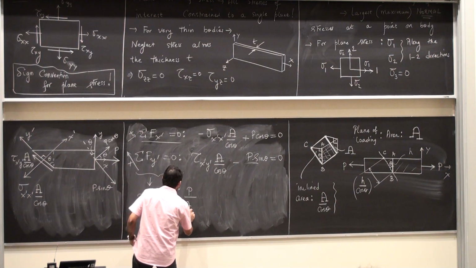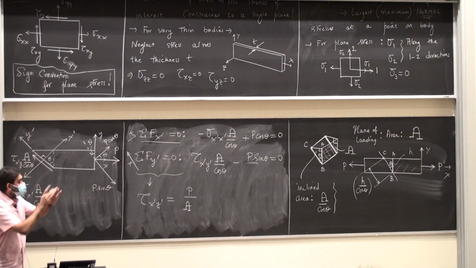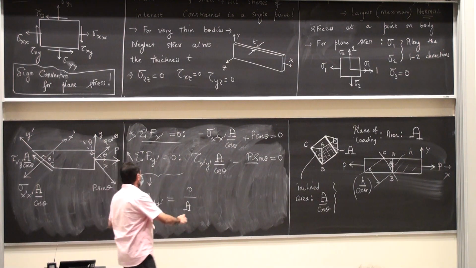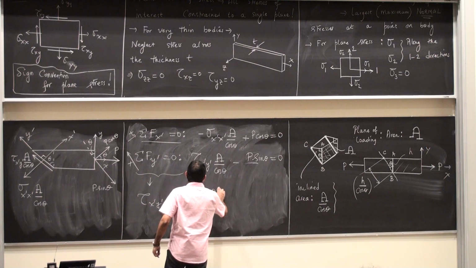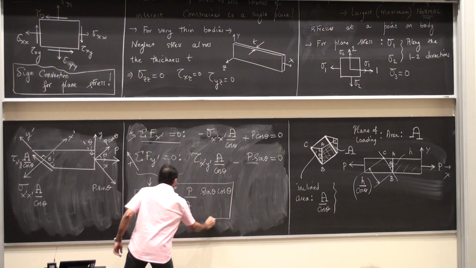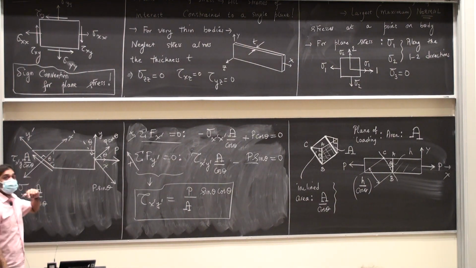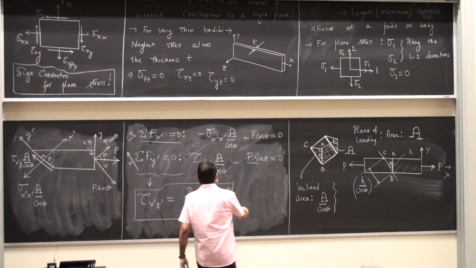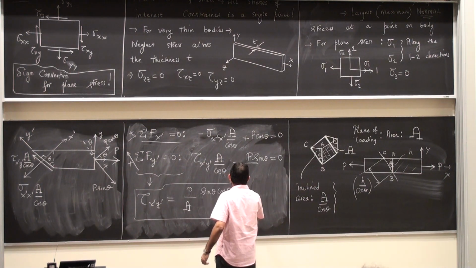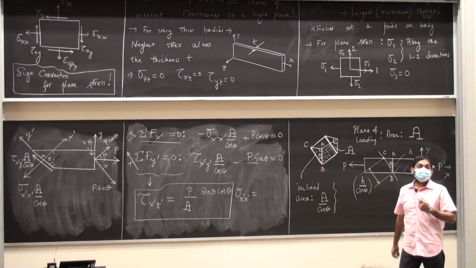So this is capital A. Then the cosine theta was in the denominator on the left hand side, goes to the numerator on the right hand side, times sin theta cos theta. And if I do the same thing for the x prime direction, I end up getting the following: sigma x prime is equal to P by A times cos square theta.